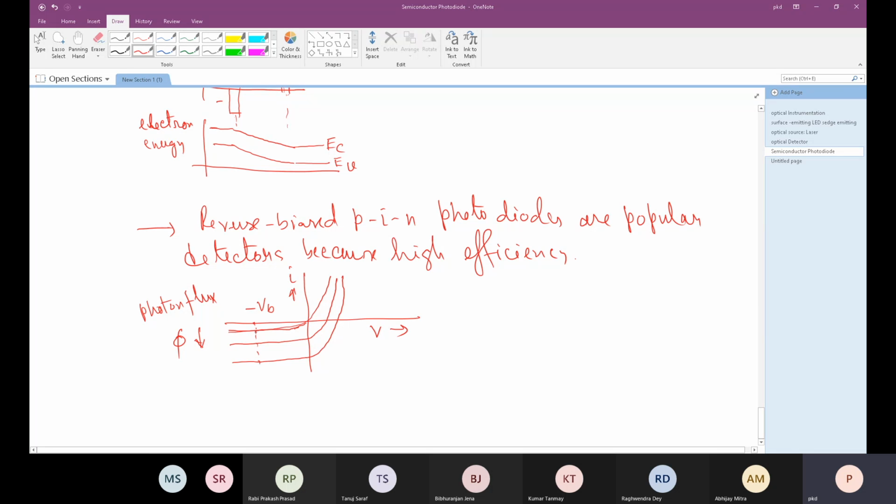But usually voltage is measured across a load resistance. So that means there will be a load resistance.